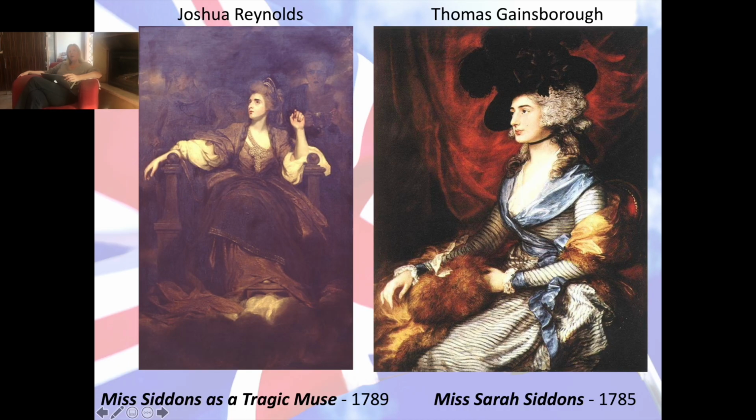Sometimes you can see quite a visible element of rivalry, especially if you compare the portraits of the same sitters sometimes, like Mrs. Siddons, who was a famous actress of this period. You can see two portraits, one by Joshua Reynolds and one by Thomas Gainsborough, and I leave it to you to decide which one you like better.